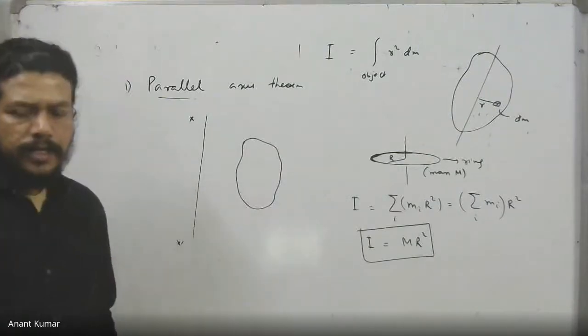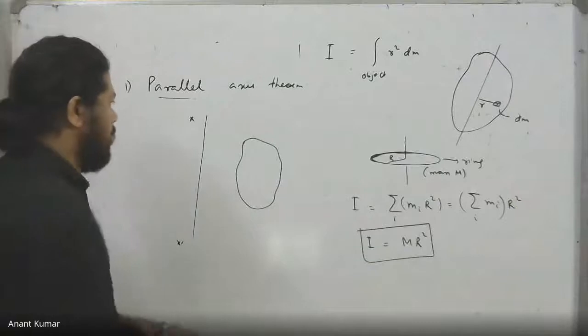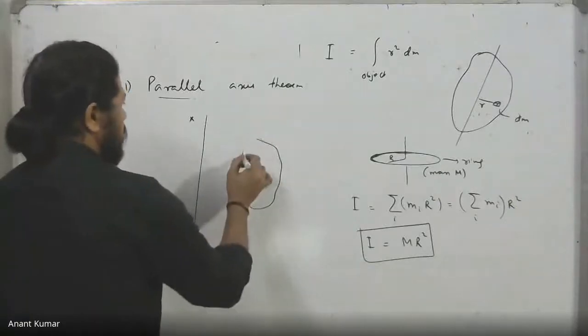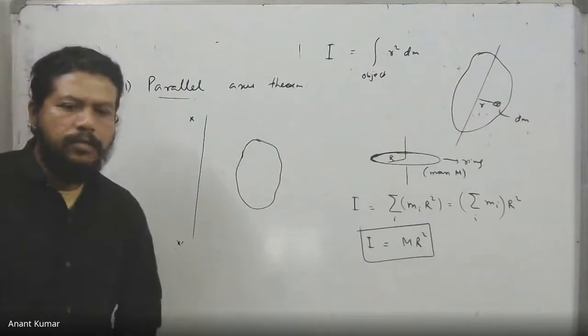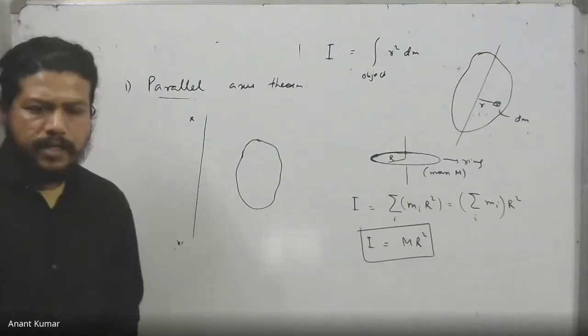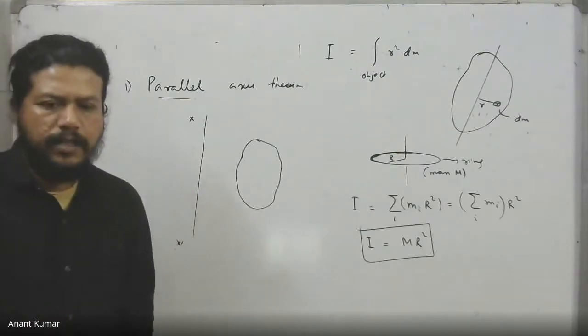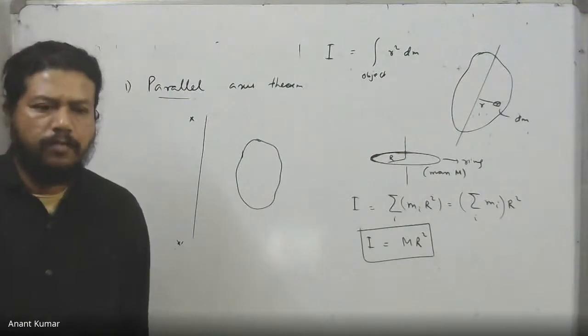The idea in this case is to first consider the moment of inertia of this object about an axis that is parallel to the given axis and passing through the center of mass.